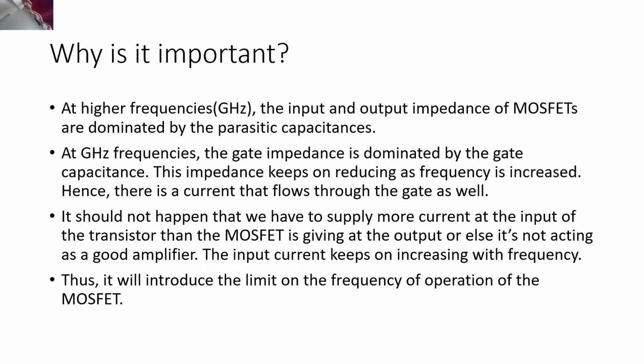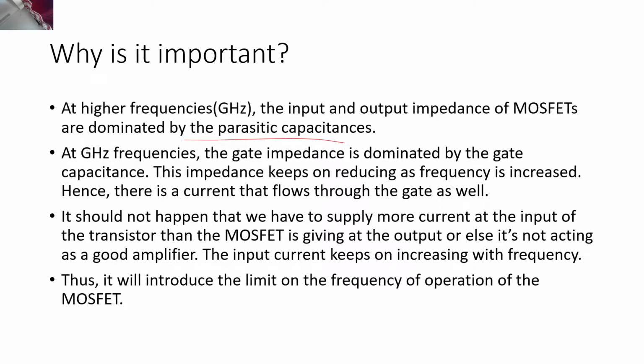Okay, now this is just what I had mentioned, that at higher frequency the input and output impedance of the MOSFETs are dominated by the parasitic capacitances. I'm talking about gigahertz frequencies, and these are important. When you are doing the amplification, you have your Wi-Fi router, right?